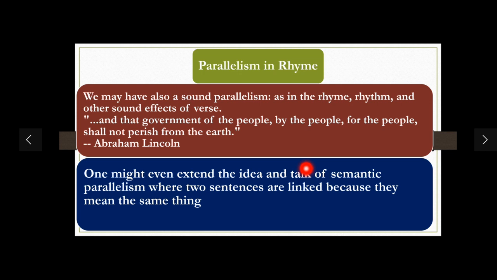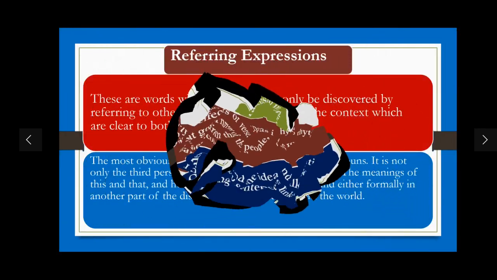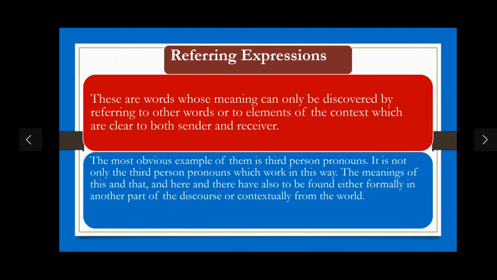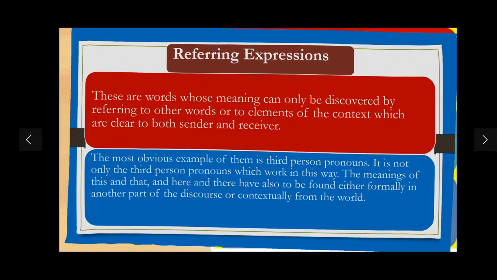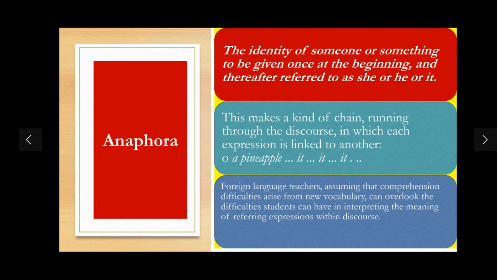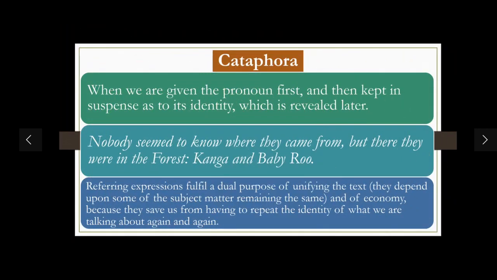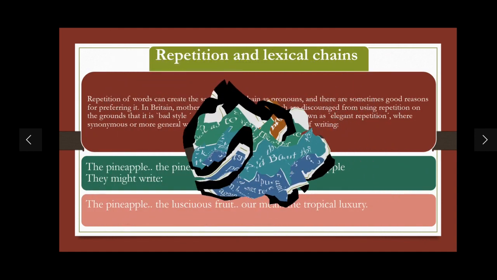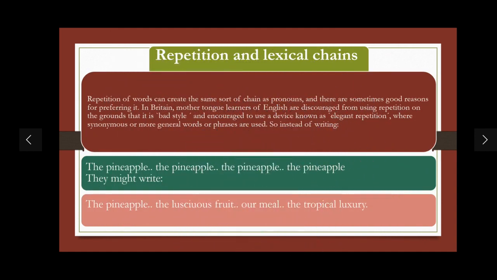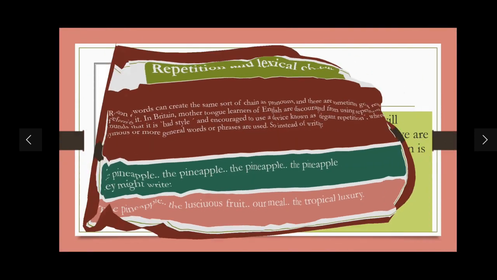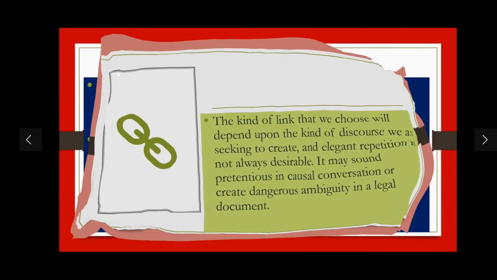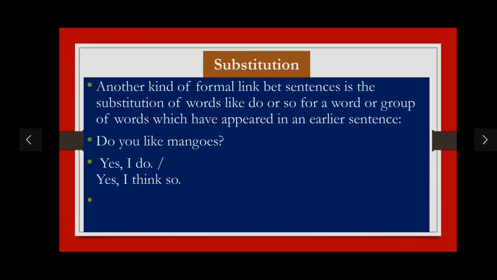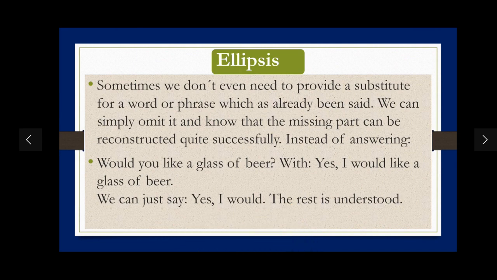One was verb form and one was parallelism. In the coming lecture, in the second part of this lecture, we will discuss referring expression as a cohesive device, and we will discuss anaphora, cataphora, and we will also talk in detail about repetition and lexical chain, and we will also discuss substitution and ellipsis.